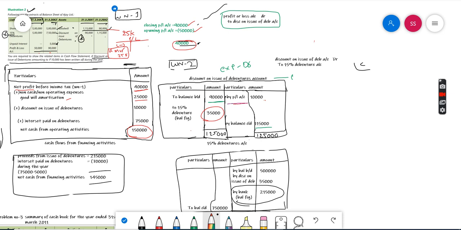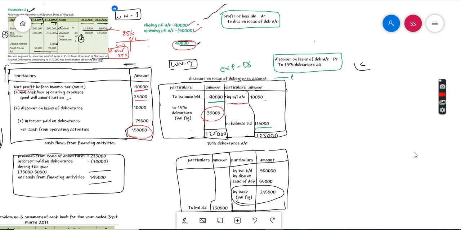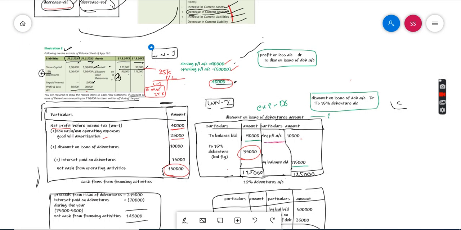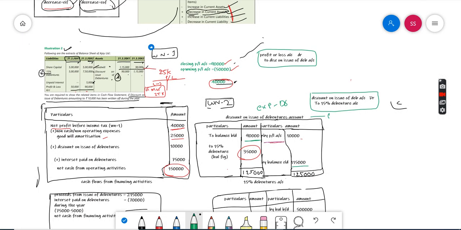When we transfer to the debentures account, the general entry looks like this: discount on issue of debentures account debit to 15% debentures account. Generally people make a mistake seeing the 5 lakh and 7 lakh 50,000, that is, opening balance 5 lakh and closing balance 7 lakh 50,000. They think 2 lakh 50,000 extra debentures were issued.